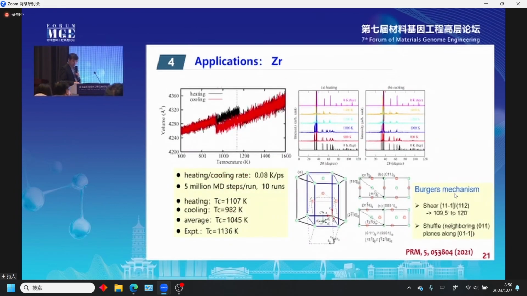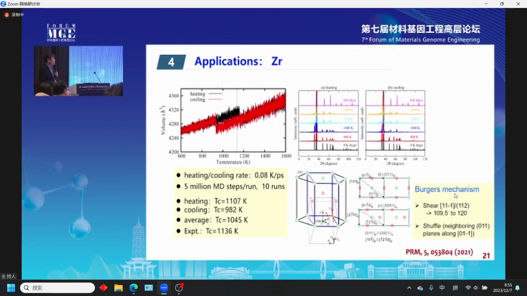According to this, we simulate the phase transition with increasing temperature during heating, and we get a phase transition temperature of about 1,100 Kelvin.